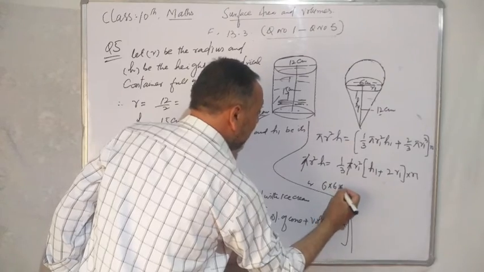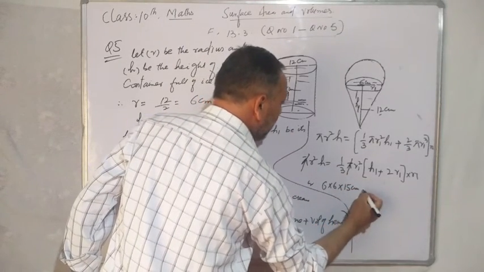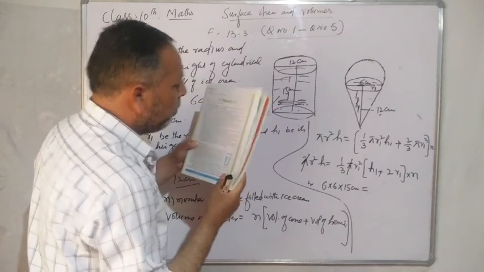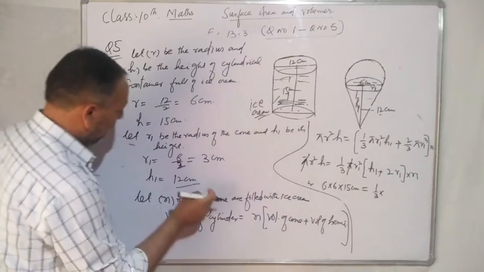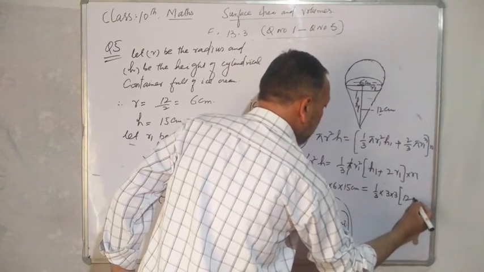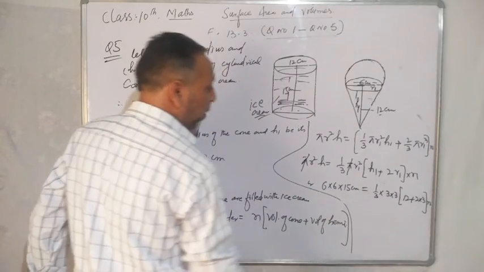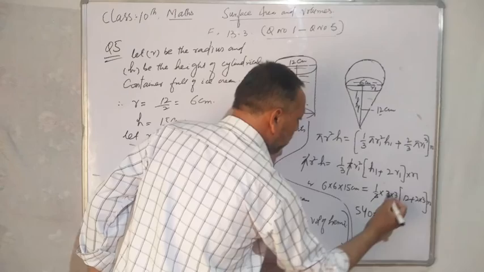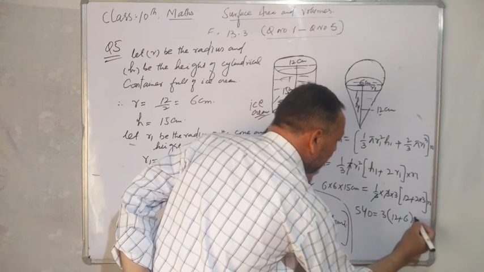अब यहाँ दीजिए आप वैल्यू, r स्क्वायर, r is 6 centimeter, means 6 into 6 into h, h is 15 centimeter, is equal to 1/3 r1 square, r1 is 3 centimeter, means 3 into 3 into h1, h1 is 12 plus twice r1, 2 times 3, into n. यहाँ मल्टीप्लाई करेंगे, 15 into 6 into 6, 15 sixes are 90, 90 sixes are 540. ये 3 और ये 3 कैंसिल हो जाएगा, तो यहाँ बचा 3 into 12 plus 6, 2 threes is 6, into n.